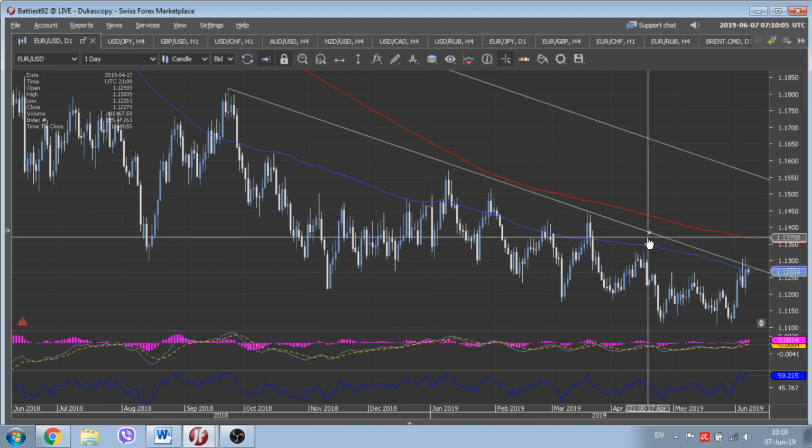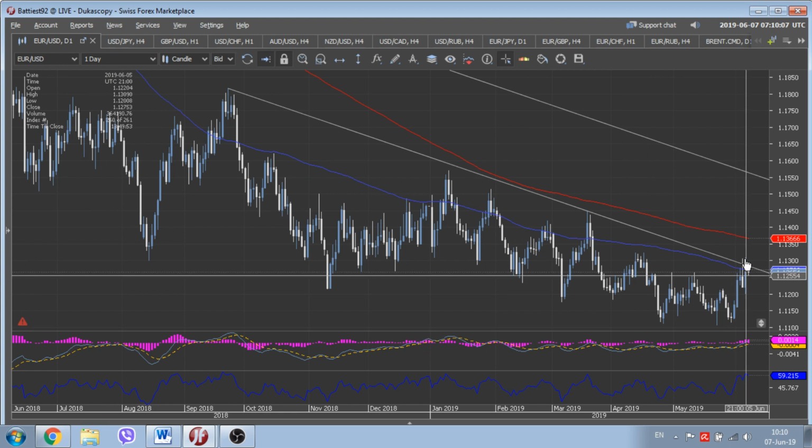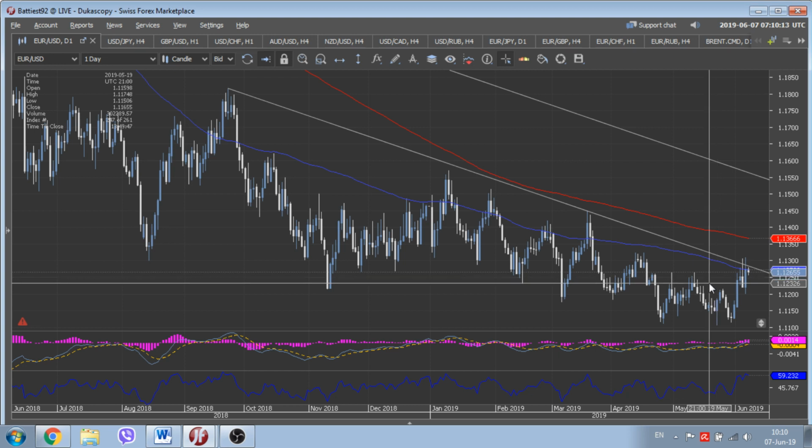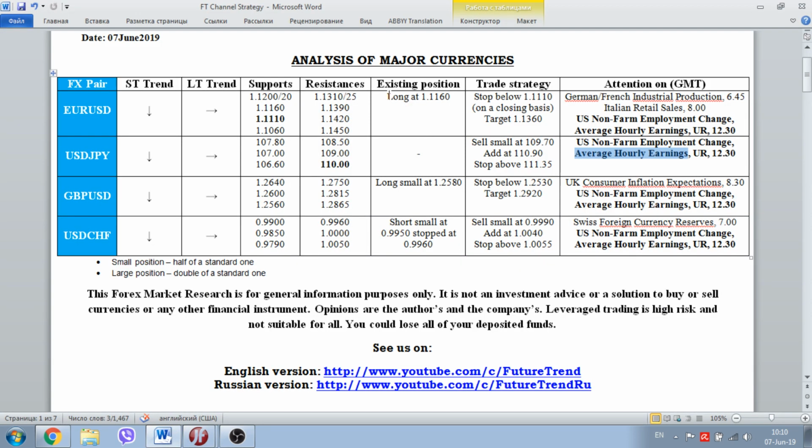A more important barrier is located around the moving average 200 daily line, located today around 1.1366. That's why a lot of strategists will try to cover existing longs in the euro dollar around that level, around the level of 1.1366. We are not excluded from this list. As you know, we are long at the moment at 1.1160, and in case of testing of this level of 1.1360, we will try to cover our existing long, let's say, initially.